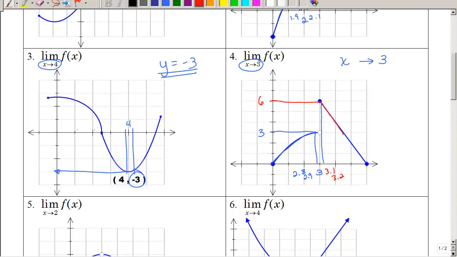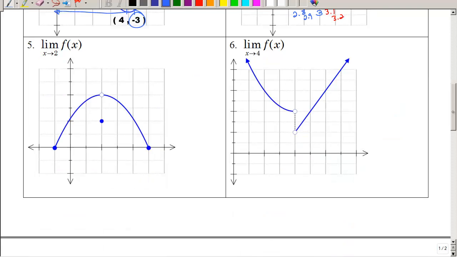That's what we call a mismatch. Y is not approaching the same value on both sides, so we say this limit does not exist. And you can use the abbreviation DNE, does not exist. Again, we have that big mismatch, not approaching the same value.